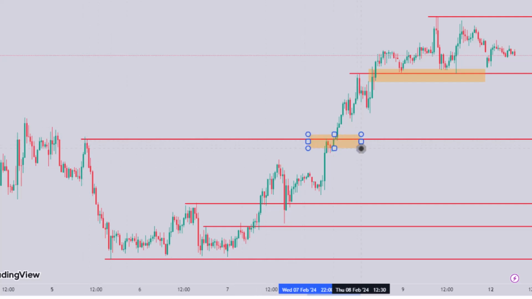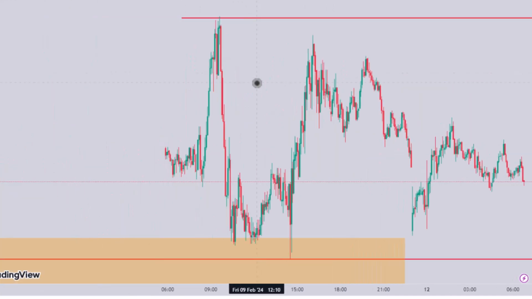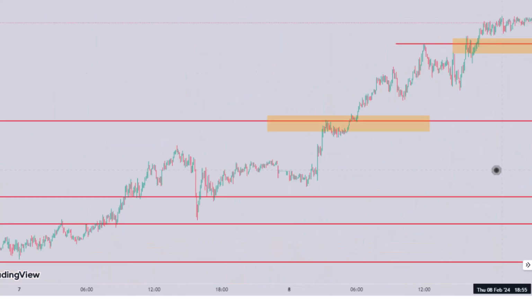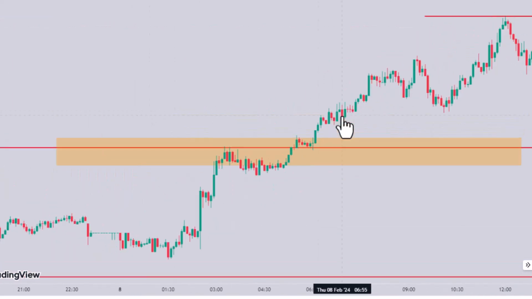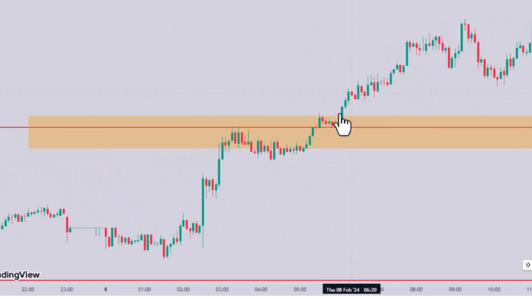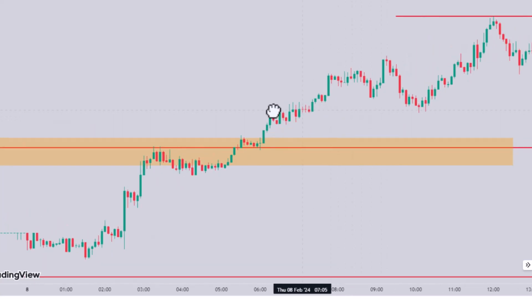We highlight that zone and zoom into the 5-minute time frame to look for any trade opportunity. On the 5-minute time frame, what's the criteria you should be looking for? You want to see a break and retest. As you can see, this candle breaks, and upon price coming back to retest, a very perfect entry buy opportunity.